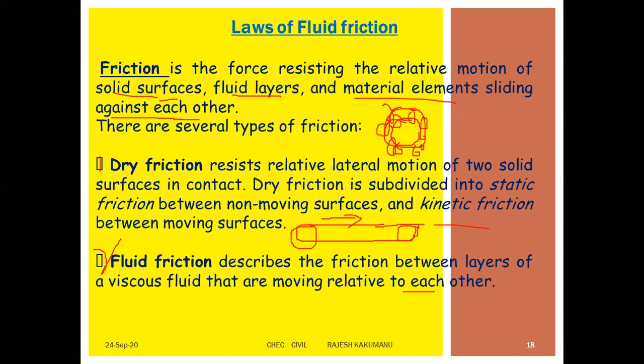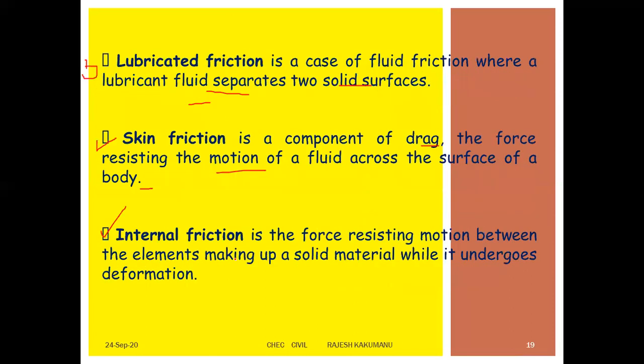So we do not have to study all the types of friction because we are in the fluid mechanism. So we will use only fluid friction or the lubricant friction process. Okay. Yes. Then coming to the laws of fluid friction.